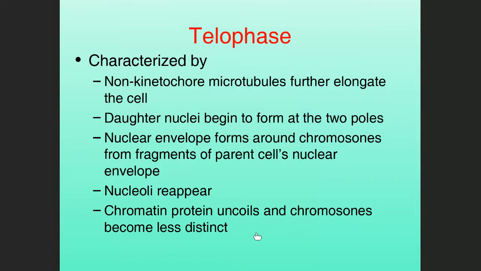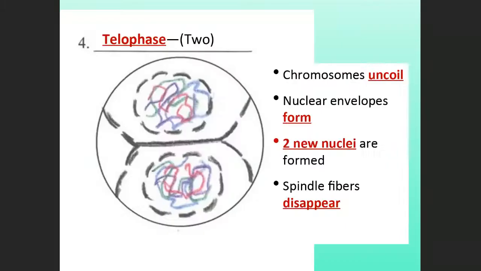Look at this picture, and we will see here that when these chromosomes get separated, they become uncoiled and less visible, and the nuclear membrane starts appearing on both sides of the chromosomes, and the nucleolus is also appearing on both sides.